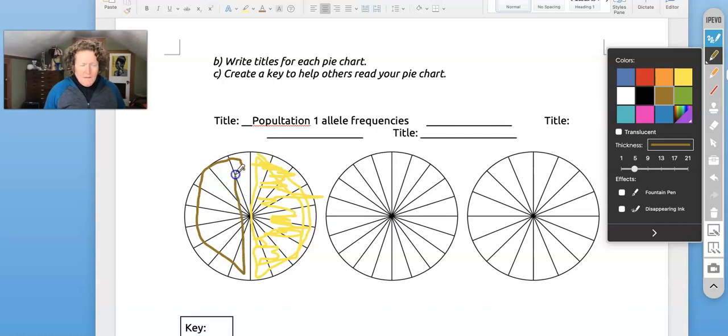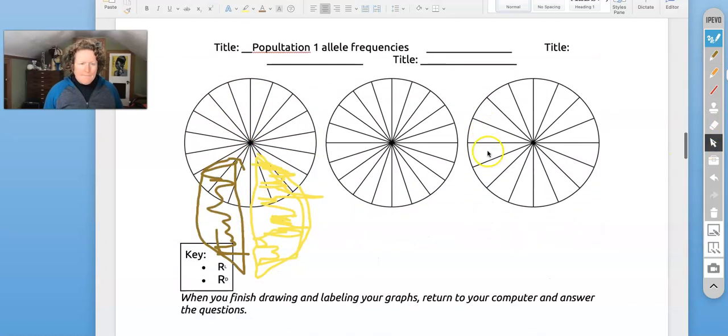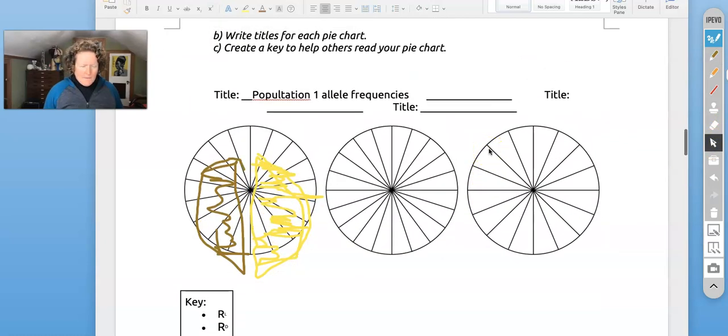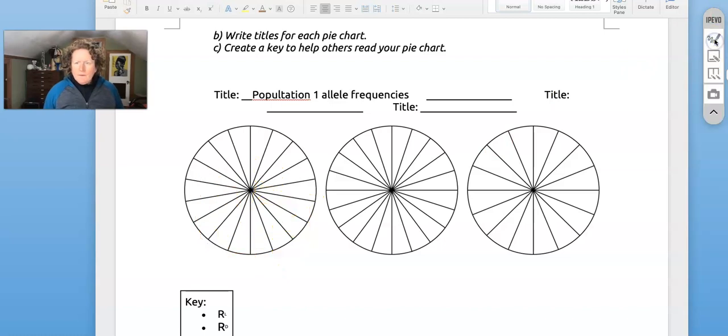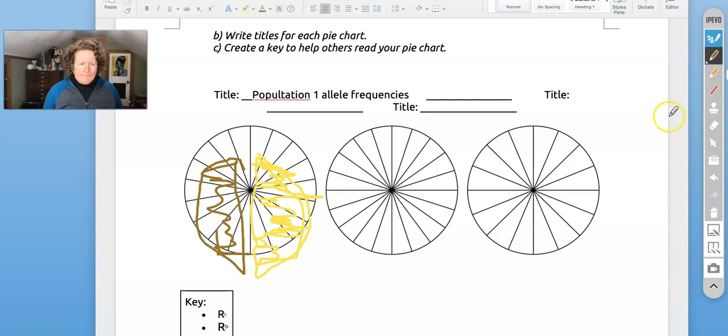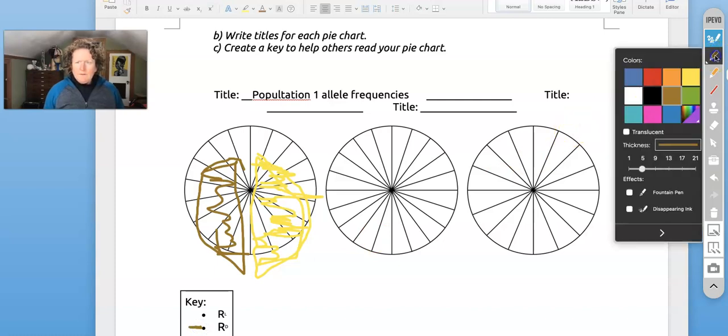And if we put a key, we have a key down here at the bottom, and we should put our colors in the key. So we're using this color for dark mice, and we're using yellow for light mice.